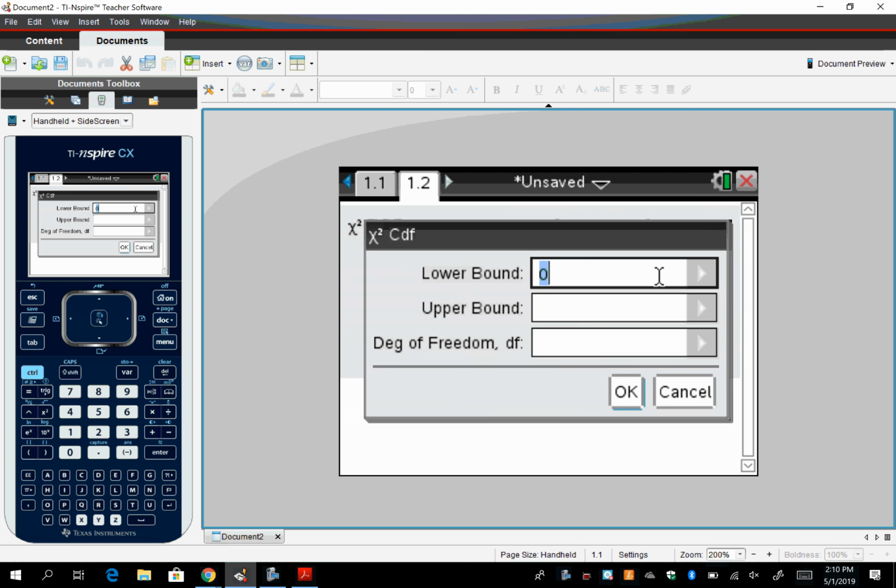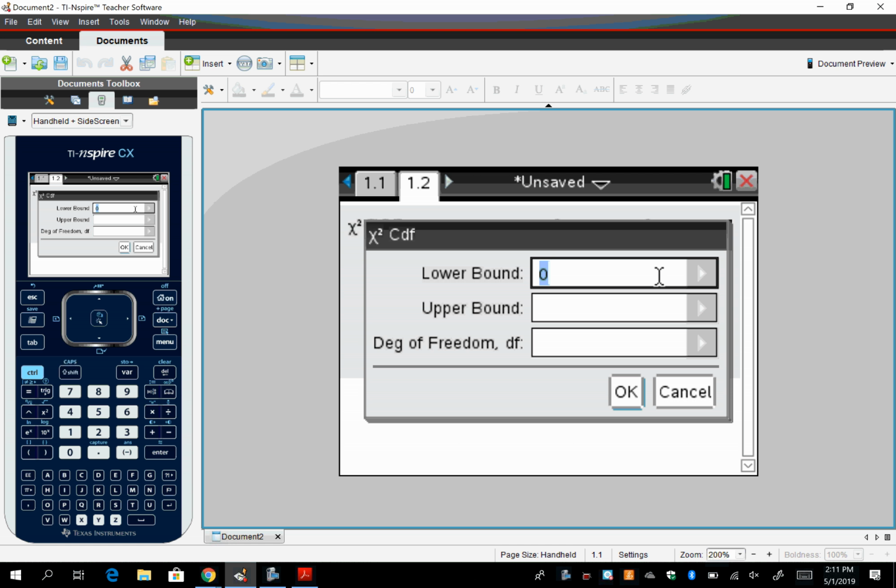This is chi-squared CDF, for when you have chi-squared and you're trying to find the p-value. They'll give you chi-squared and ask, what's the p-value? We've used this before when we did z-scores with normal CDF, and with t values we did t-CDF. So it's the same idea, just a new model, chi-squared.